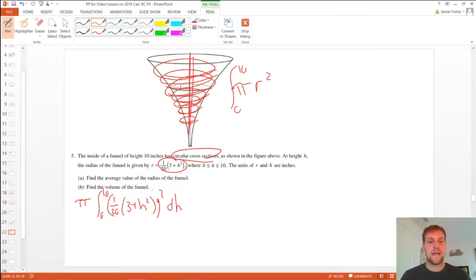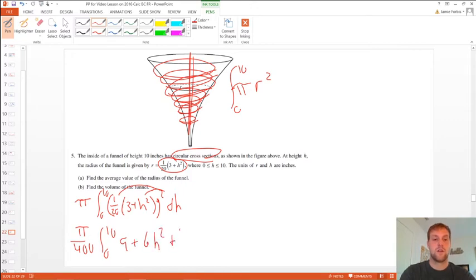I'm going to go ahead and square and take out the constant. If I distribute the square to both terms here, 1 over 20 squared is 1 over 400. So that's going to be pi over 400 integral 0 to 10. And if I distribute 3 plus h squared, I'm going to get 9 plus 6h squared plus h to the fourth dh.